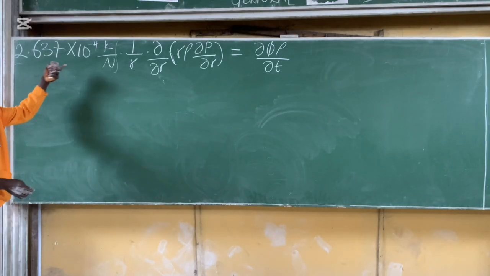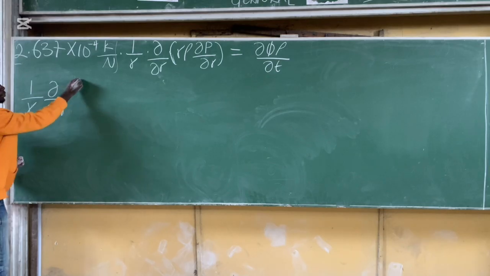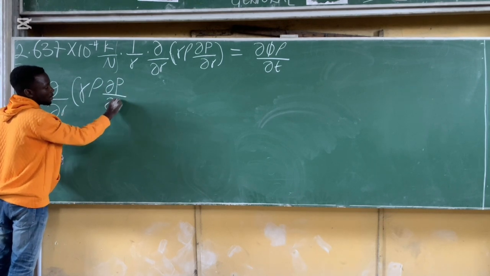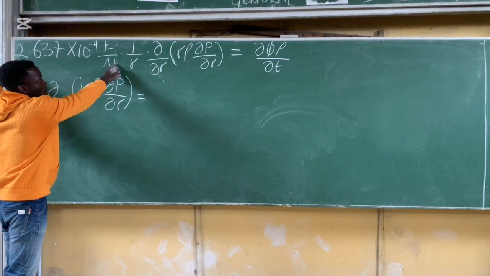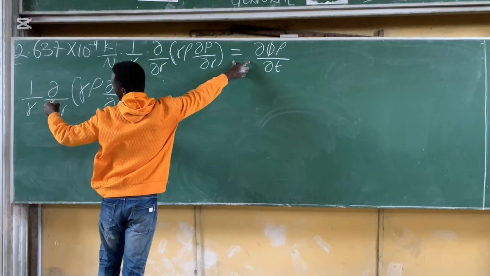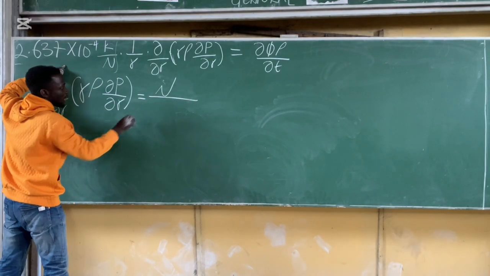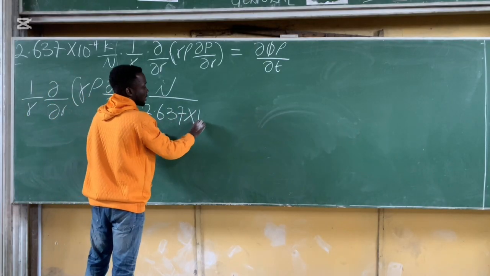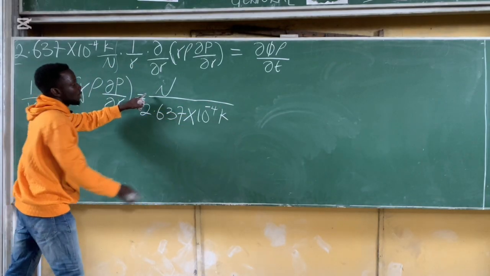If we divide through by this constant, we are going to have 1 over r, d over dr of r rho dp divided by dr, is equal to, remember that we divided through by this constant, so on the other side it becomes the inverse: mu over 2.637 times 10 raised to the power of minus 4 k.